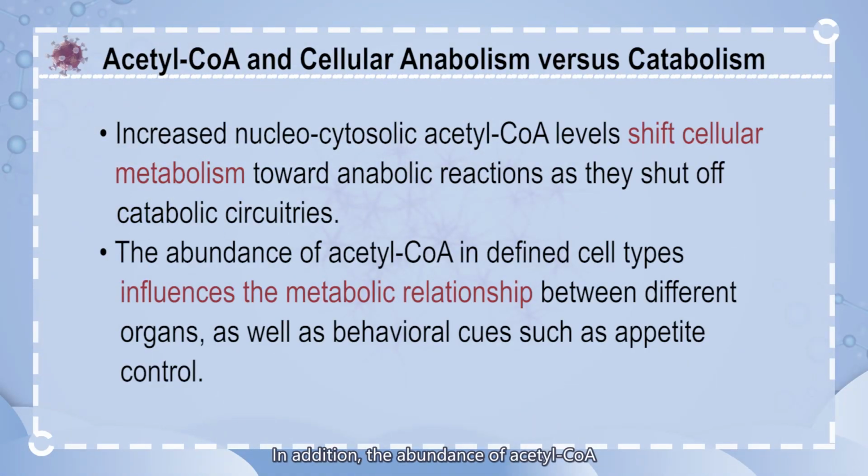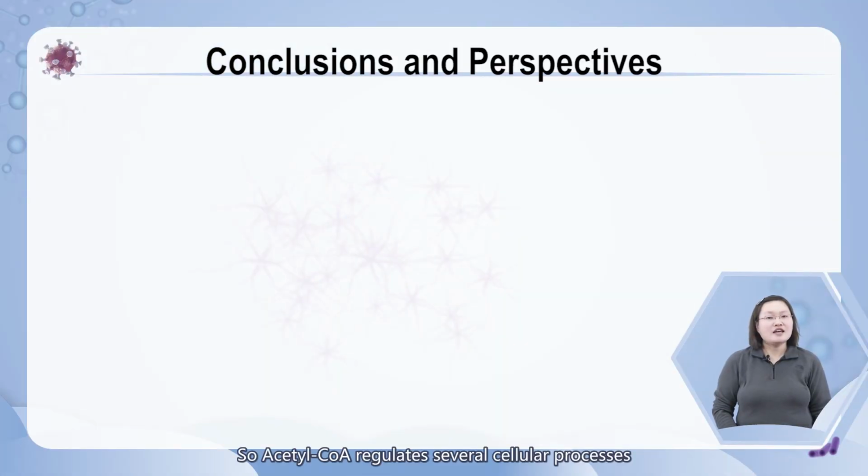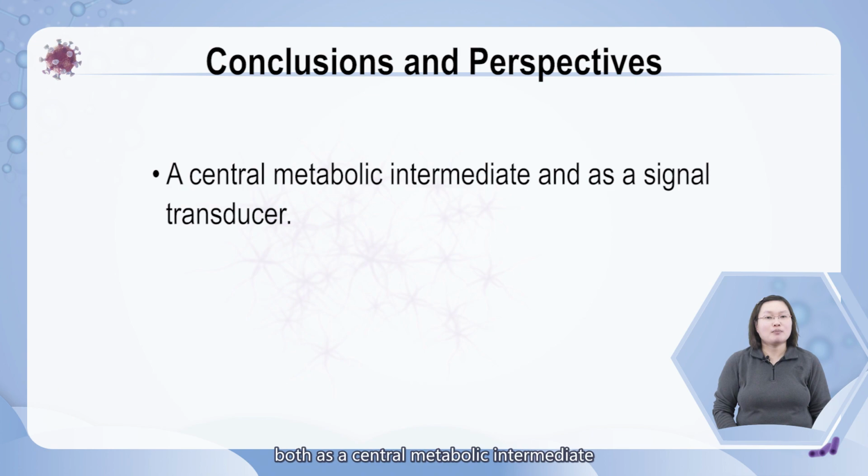In addition, the abundance of acetyl CoA in defined cell types influences the metabolic relationship between different organs as well as behavioral cues such as appetite control. So, acetyl CoA regulates several cellular processes as it controls a balance between anabolic and catabolic reactions, both as a central metabolic intermediate and as a signal transducer.